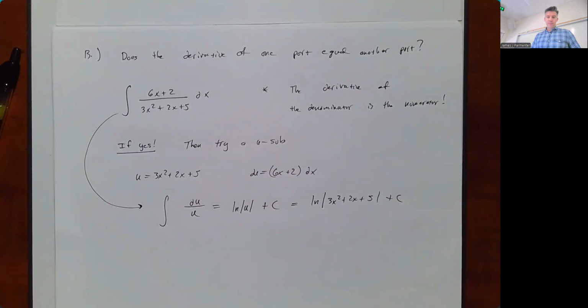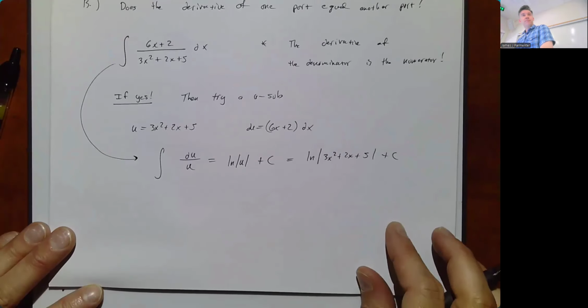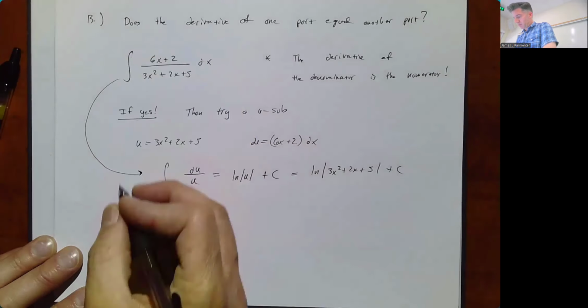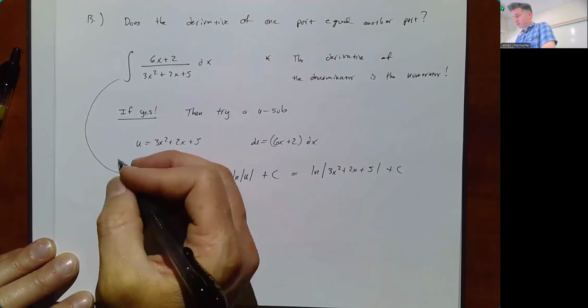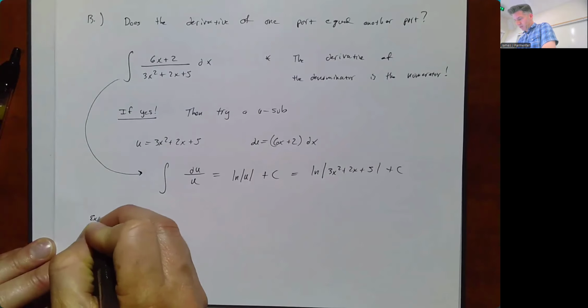I'll also point out, it doesn't have to be a perfect one-to-one match, right? If you pick a u and its derivative is off by a constant multiple, that's still fine. For example, another example.